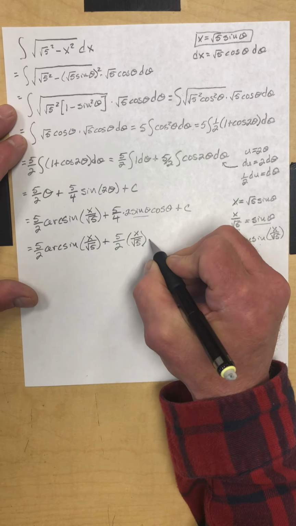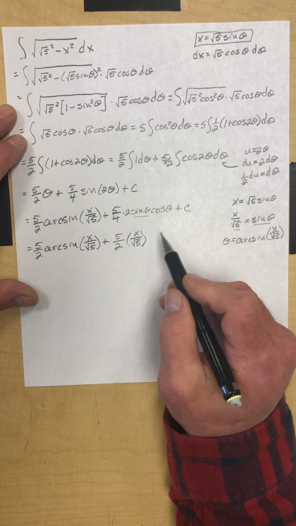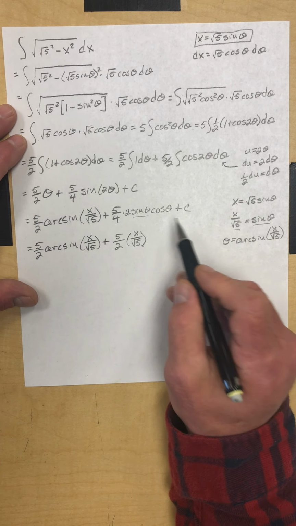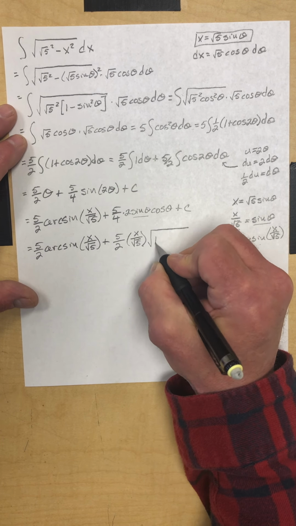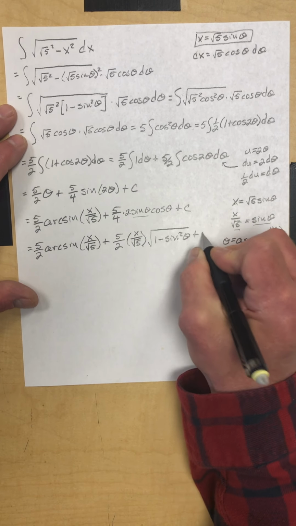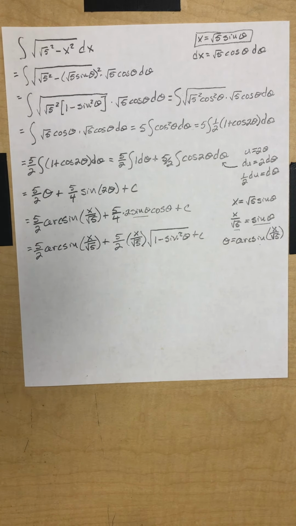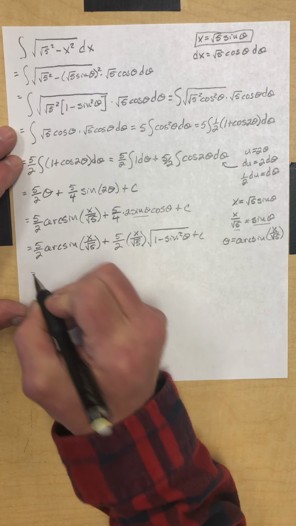And cosine, well, cosine squared would be 1 minus sine squared, so cosine would be the square root of 1 minus sine squared theta, plus c. Again, I'm going to worry about these radicals later on.